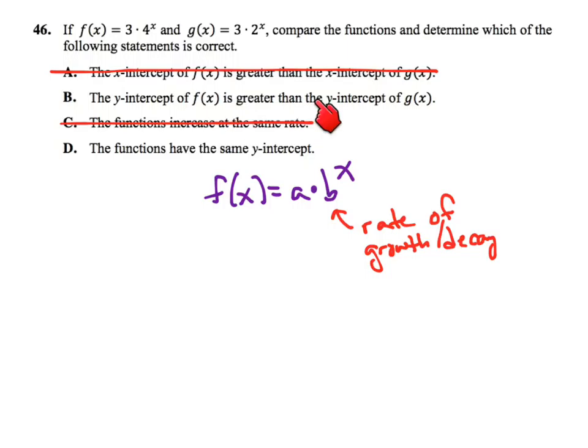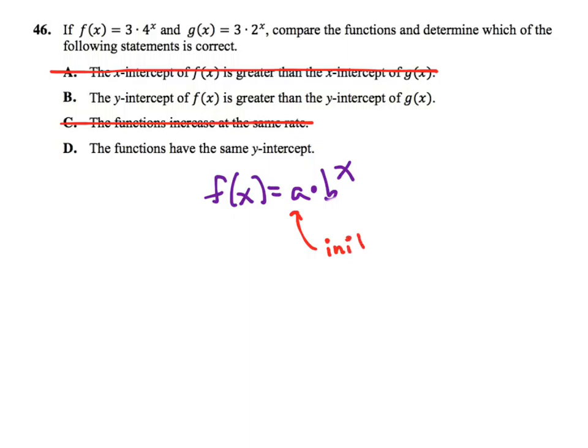Okay, now we're looking at y-intercepts for both our last questions. Well, remember what a is? A, that's our initial value. That's our y-intercept, right? Because if x is 0, that turns b to the power of 0 into 1.